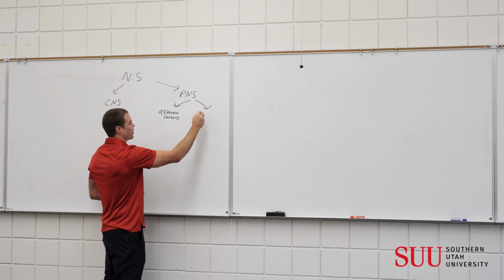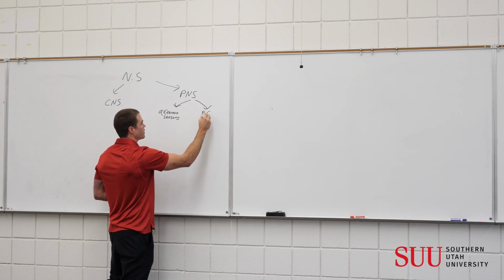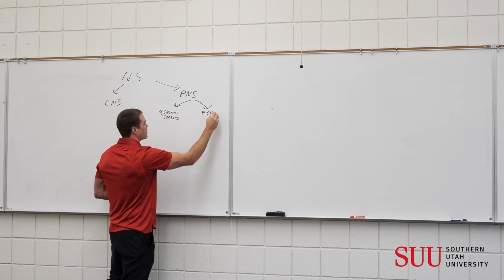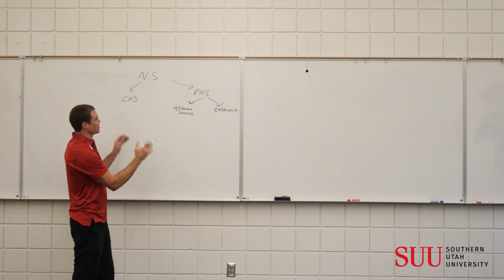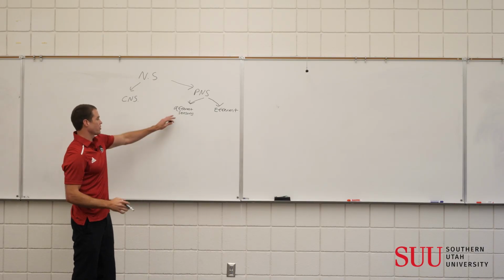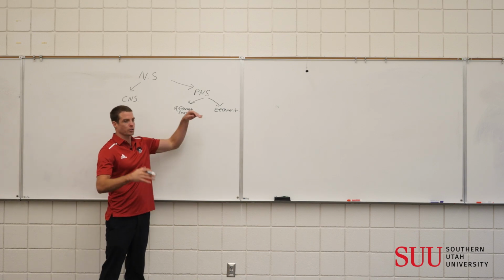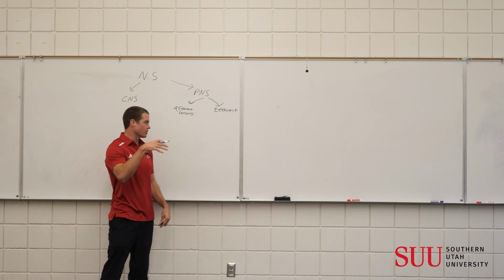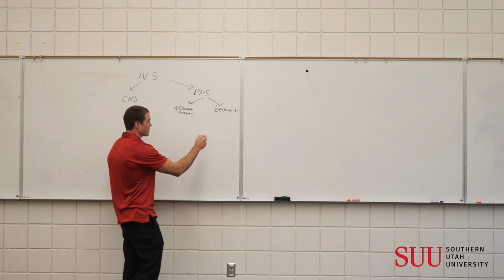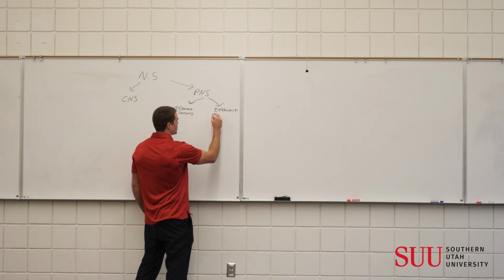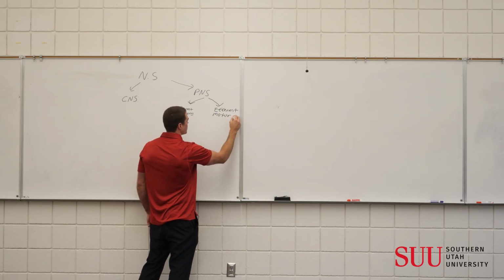Okay, and then the other one would be the efferent. Now we continue going. The afferent, so sensory ones, and then the efferent, which means you're sending signals to wherever it needs to go. So the efferent is really your, we can say your motor nervous system.